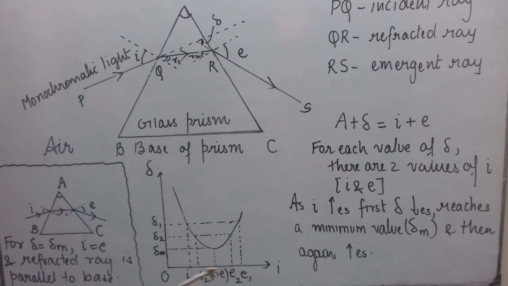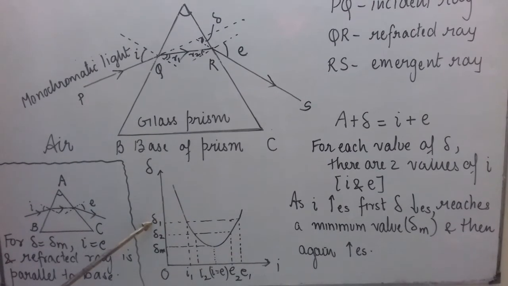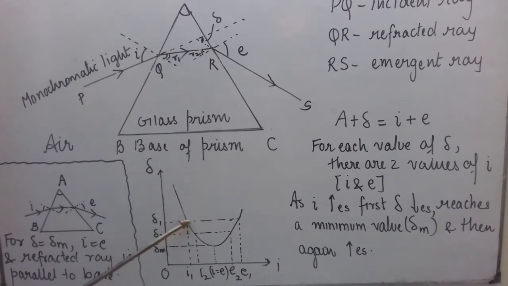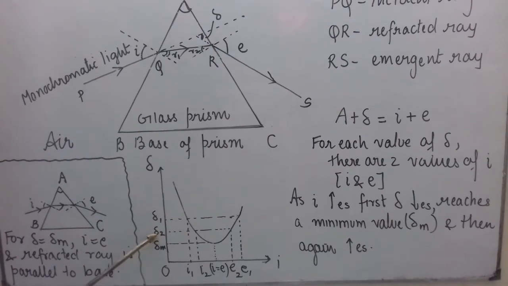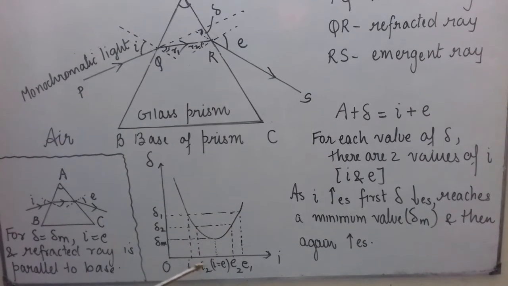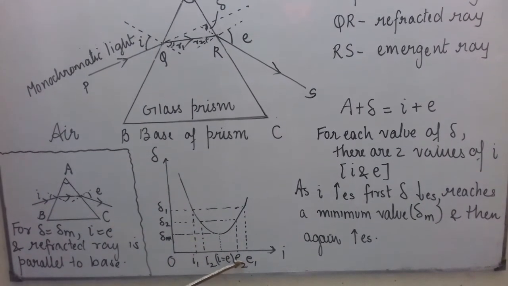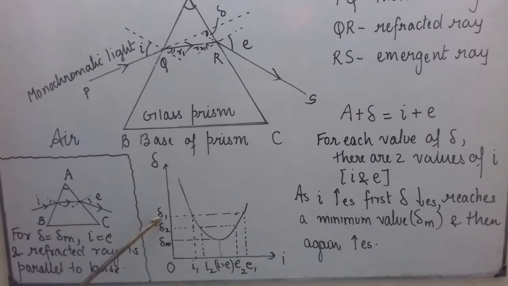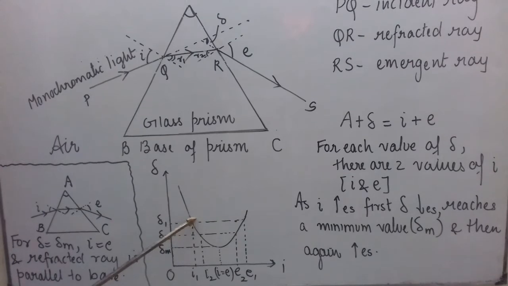So for two values of i, here i1 and e1, I am getting the value delta 1. If we repeat this for some other value of delta, let us say delta 2, again I get two values of i, represented here by i2 and e2. So for each value of delta, we can see from the graph that there are two values of i.